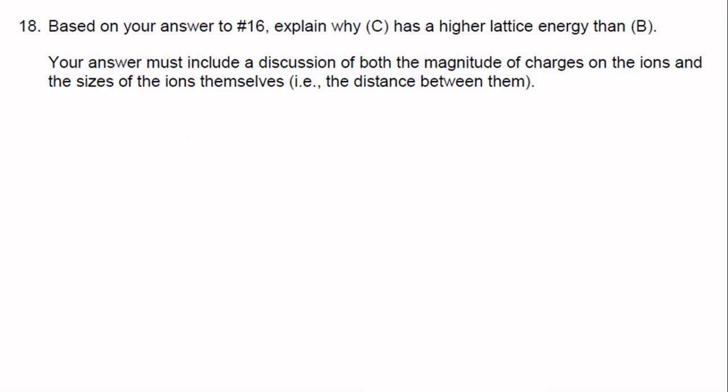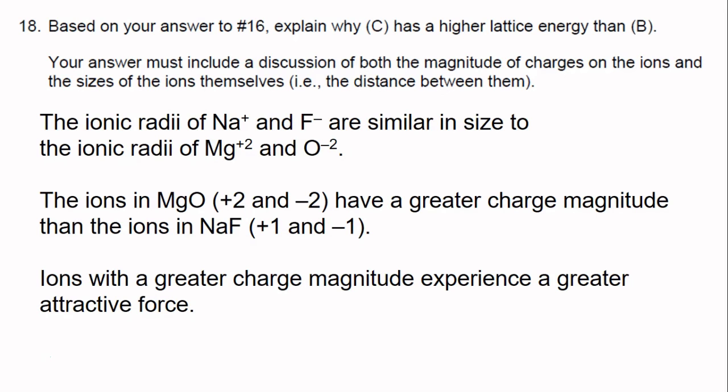In number 18, it's not about the distance, it's actually about the charges. So the ionic radii of sodium and fluoride are similar in size to that of magnesium and oxide. They are similar in size because oxygen and fluorine are in the same period, sodium and magnesium are in the same period, so they are similar in size. We're not changing from a 10 electron shell to an 18 electron shell like we were in question 17. So they're roughly the same size.